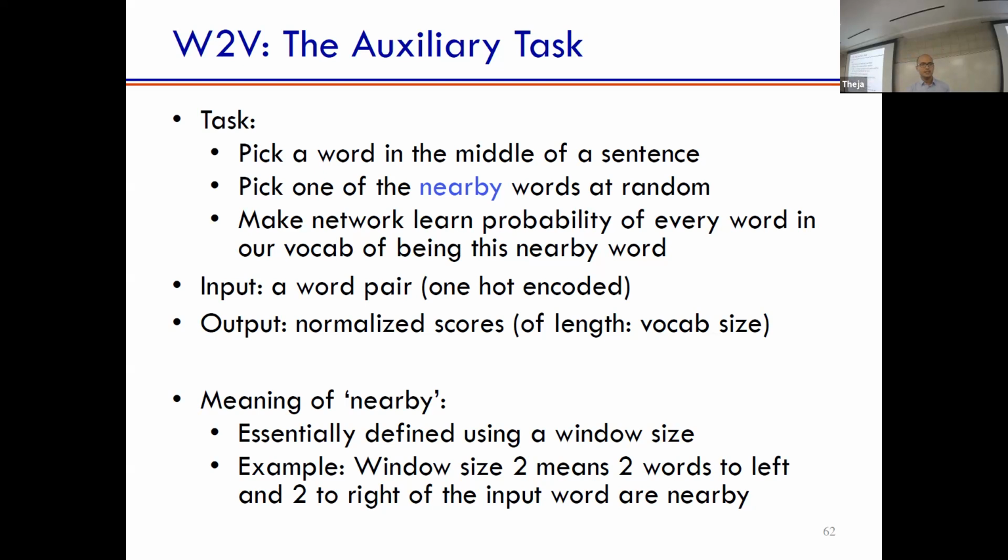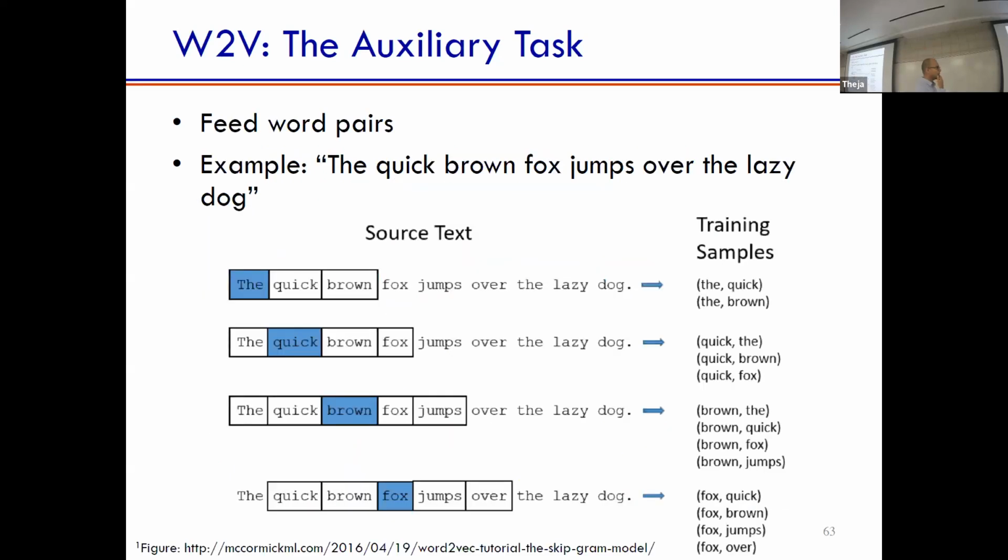Here's the example sentence: the quick brown fox jumps over the lazy dog. Let's say our reference word is brown. Then these two words are considered nearby, and these two are also considered nearby. For this reference word, we'll have 4 examples. Input brown and predict the word the.